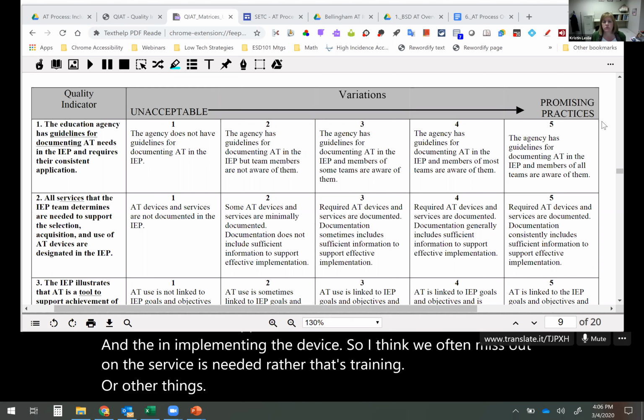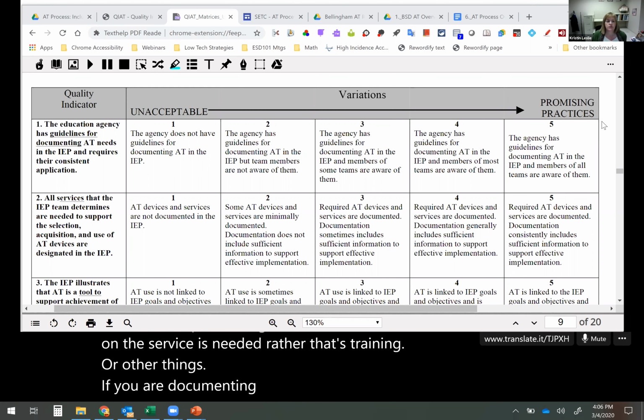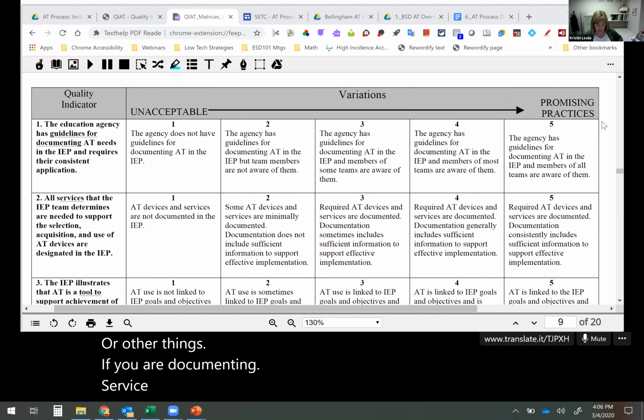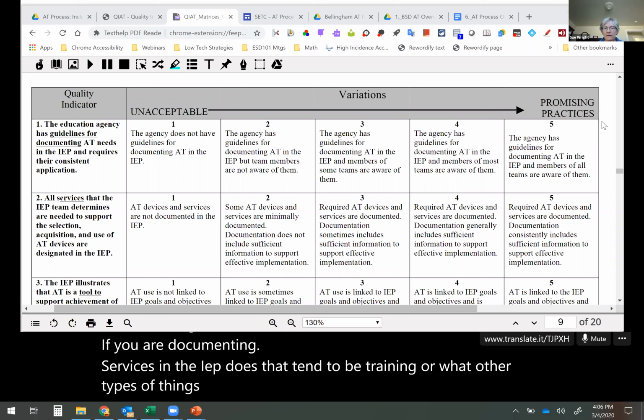If you are documenting services in the IEP, does that tend to be training, or what other types of things? And in addition to that, could you just also say where you're documenting it?